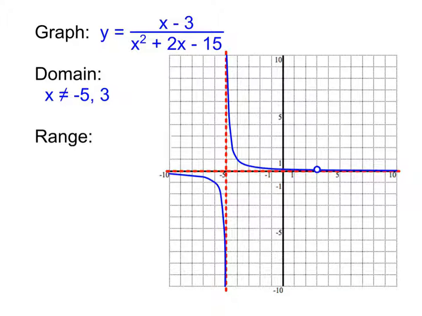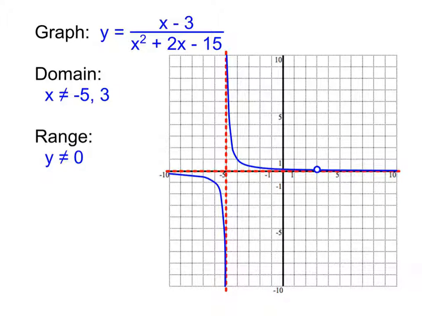Now let's go to range. Range, of course, is talking about our y value. And we know that y cannot equal 0 because that's where the asymptote is. But we do run into one other issue here. There's also some y value at this hole that we need to account for.